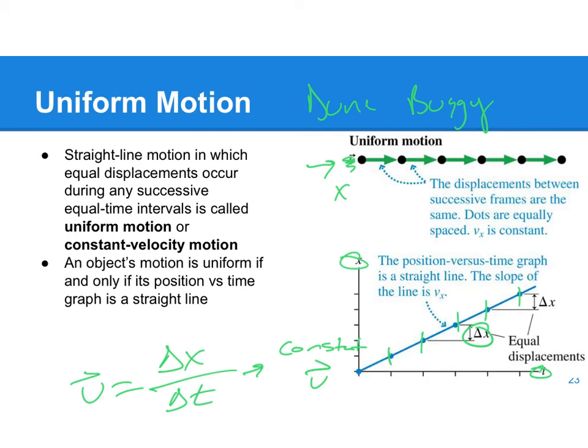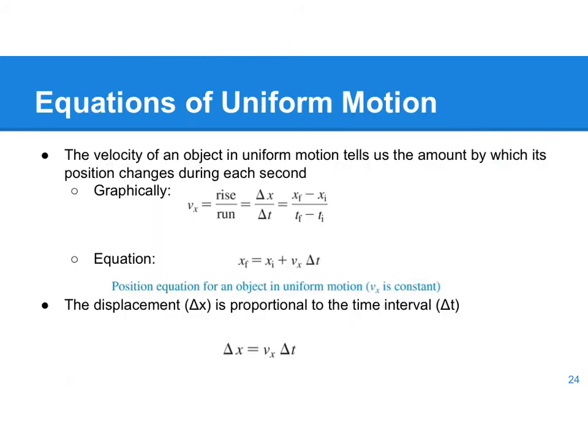So uniform motion is constant velocity. It means that it's not speeding up or slowing down. It means that an object's motion has a linear position versus time graph, and we have equal displacements every time interval. So that's constant velocity, otherwise known as uniform motion.